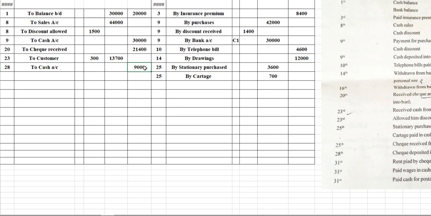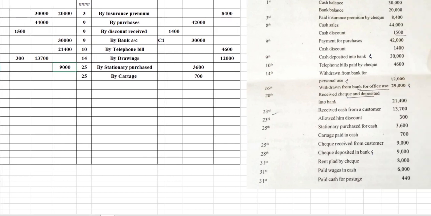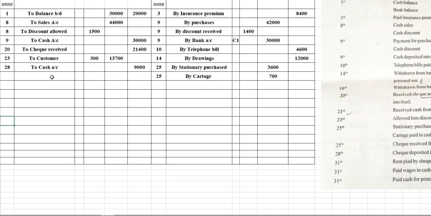That we can do as a simple thing in the examination by ignoring the 25th check received from customer. But the other thing which we do usually, I'm erasing that and I want to do it as per our procedure. Okay.